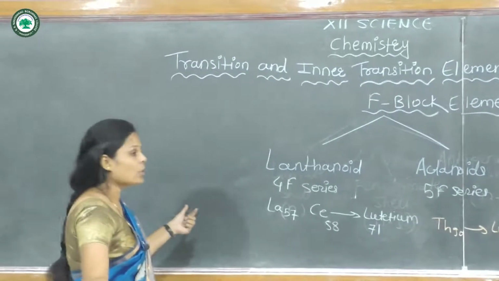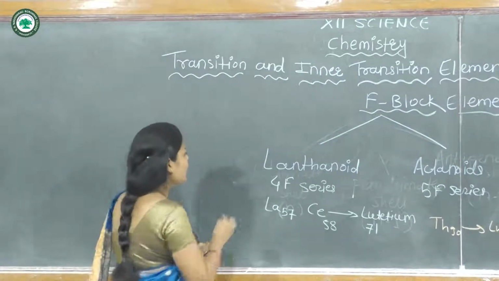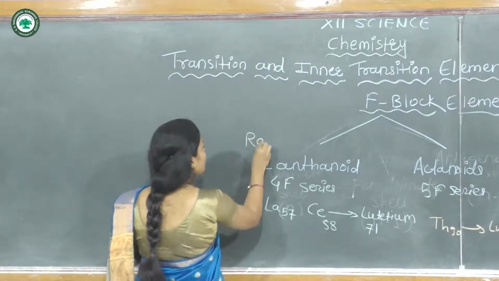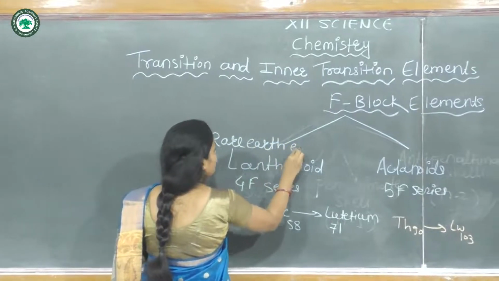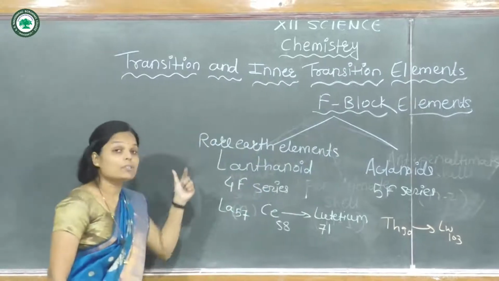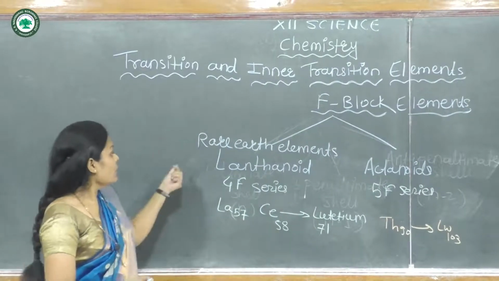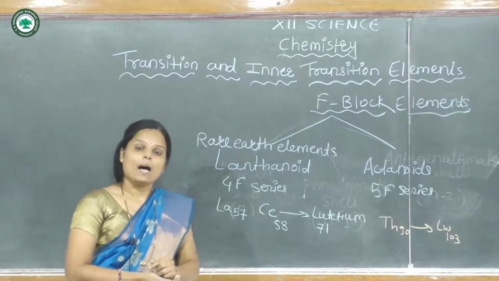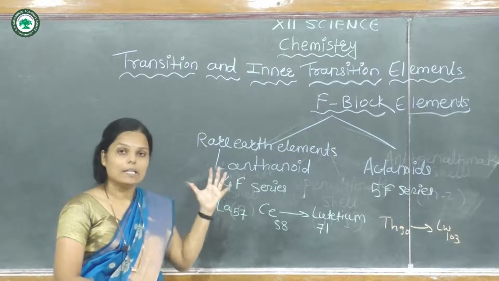The lanthanide series is also called rare earth elements. Why? Lanthanide elements are quite abundant in the earth.